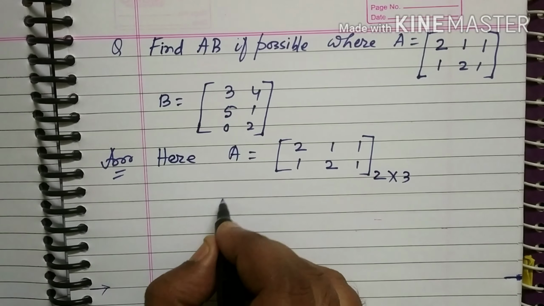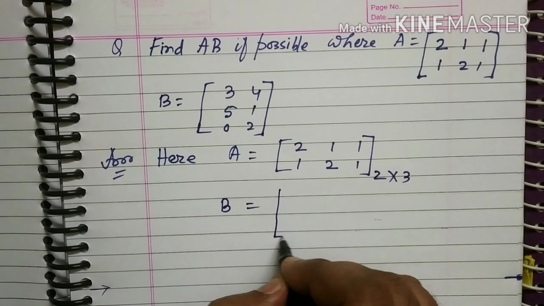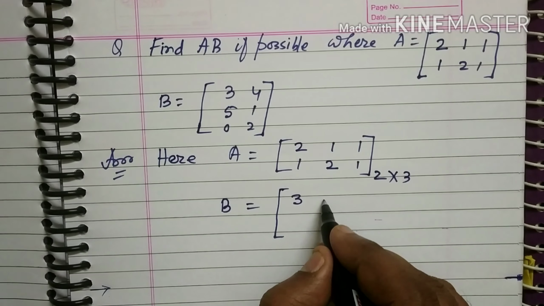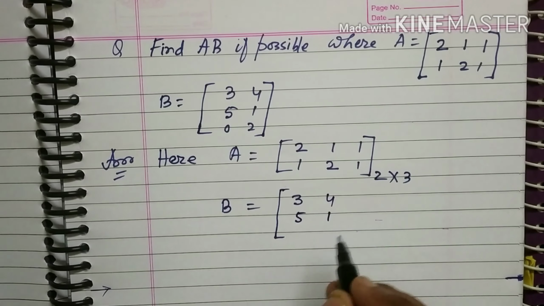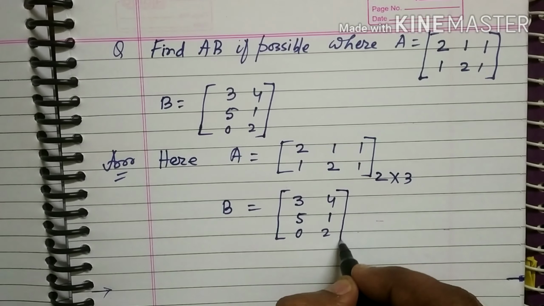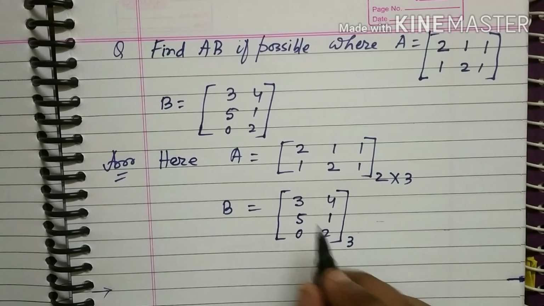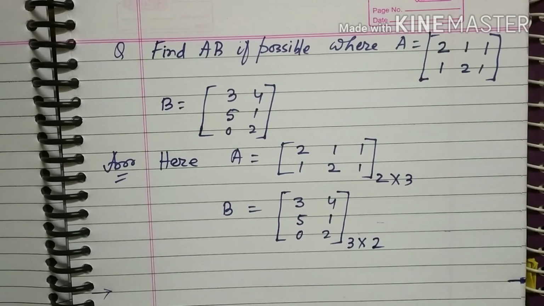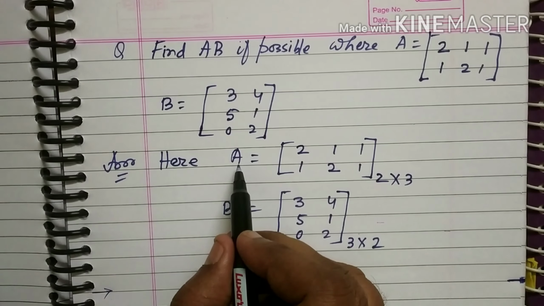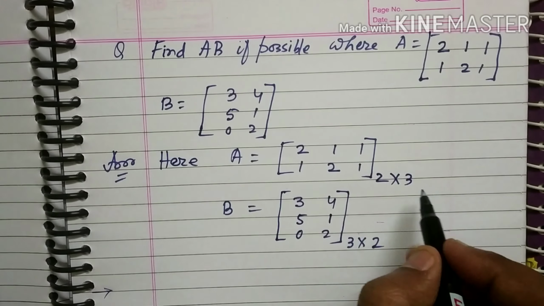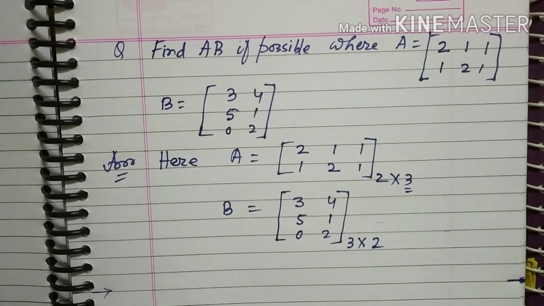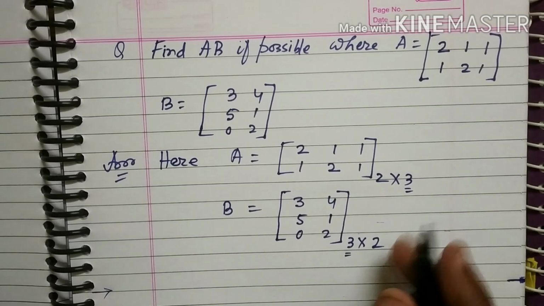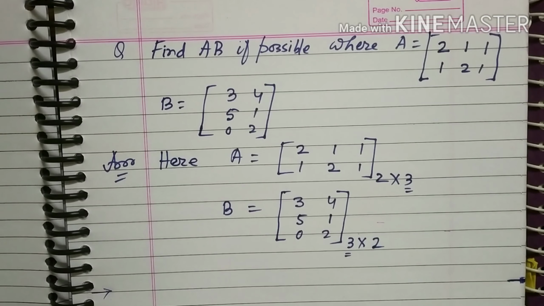Now what is B? B is 3 4, 5 1, 0 2. How many rows do you have? 3. How many columns do you have? 2. Clear? What is your checking? Column number of A and row number of B. Column number of A is 3 and row number of B is 3. Means both are the same. It means they are conformable for multiplication.